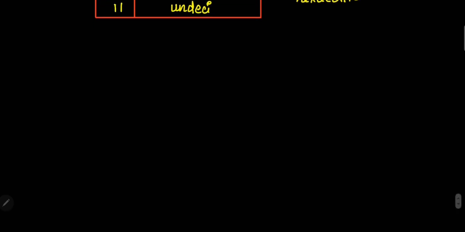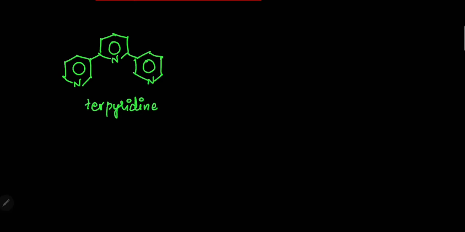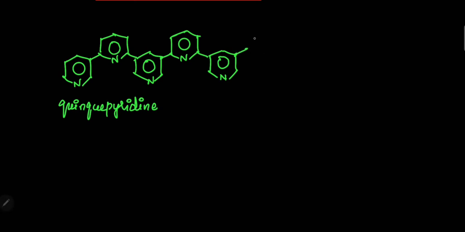Let me give you an example. This is a simple pyridine. This is bipyridine. Two assemblies. There is an assembly of two such units. So we don't call it dipyridine, we have to call it bipyridine. Three such units we call terpyridine, not tripyridine, it is terpyridine. Four such units we call quaterpyridine. Five such units, quinquepyridine.